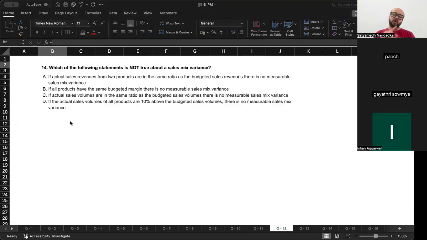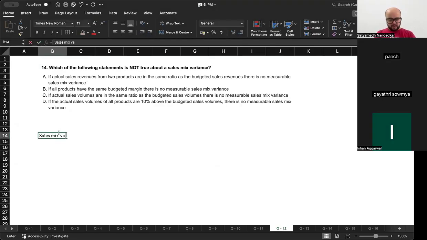Which of the following is not true about a sales mix variance? Okay, what is the first statement? The first statement says that if actual sales revenue from two products are in the same ratio as the budgeted sales revenue, then there is no measurable sales mix variance. See, tell me, sales mix variance relates to what is the formula?